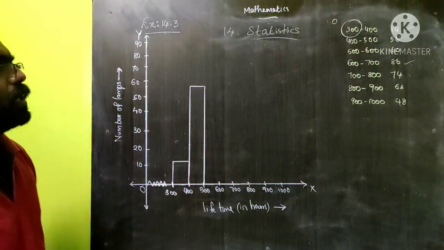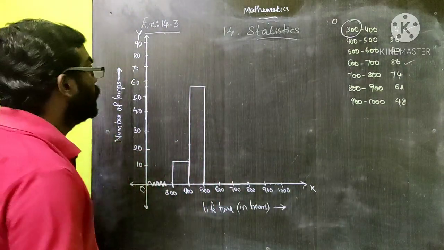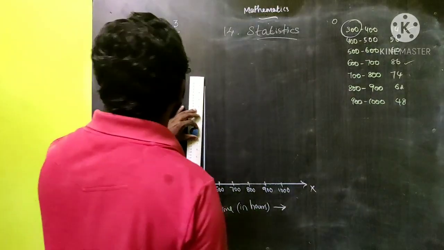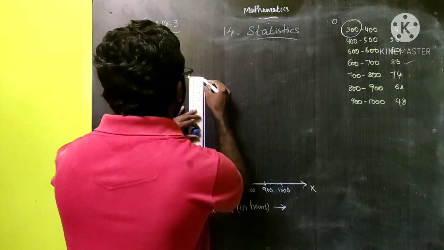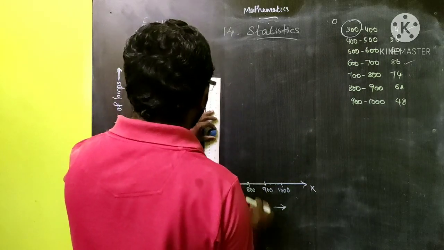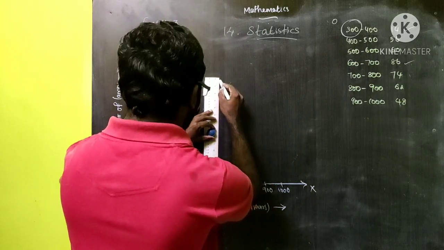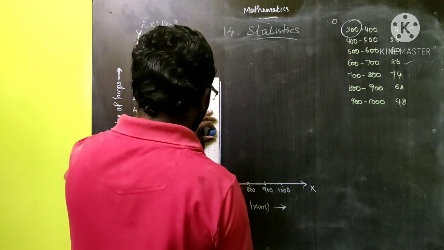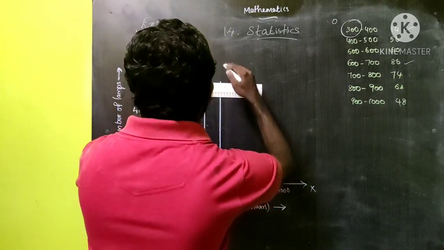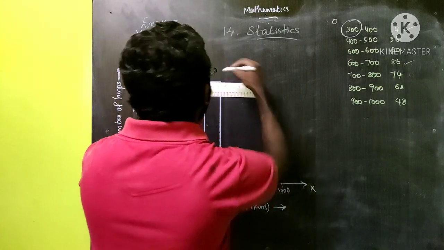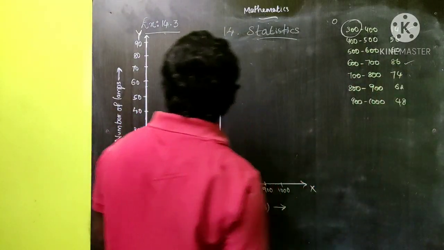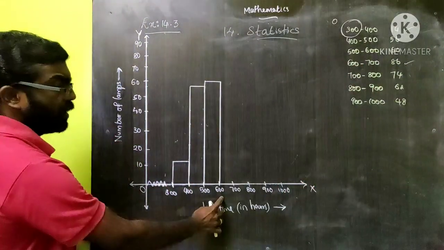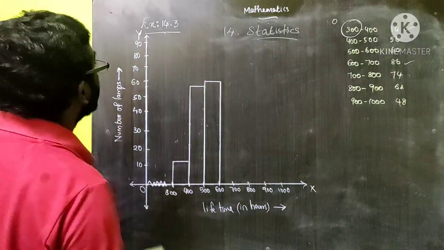The next, 500 to 600, 60. Then 600 to 700, it is 86.